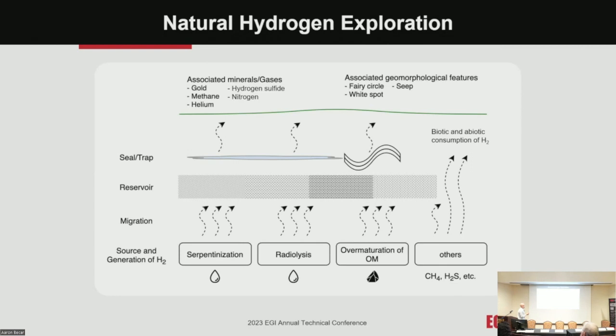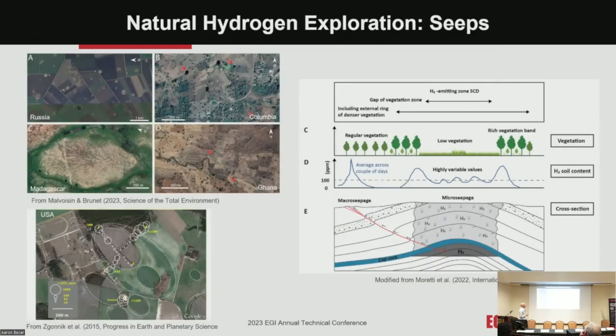So I will start with these features because this is where we normally start, even with oil and gas. We now know that hydrogen seeps are sometimes, not always, associated with these strange geomorphological features. And these are actually everywhere. You can find them in Russia, Colombia in South America, Madagascar, Ghana.